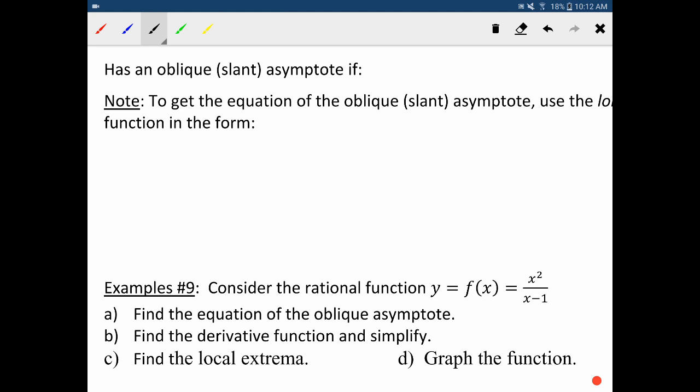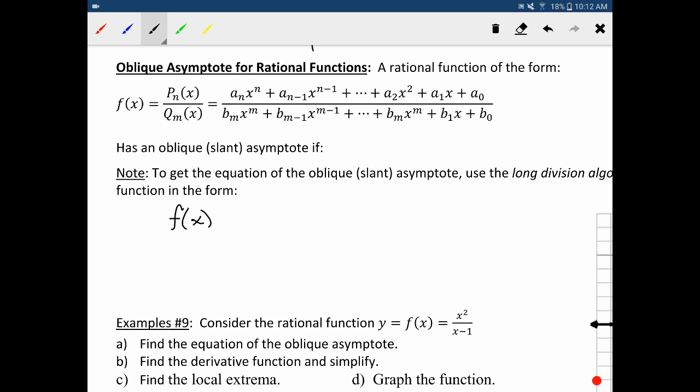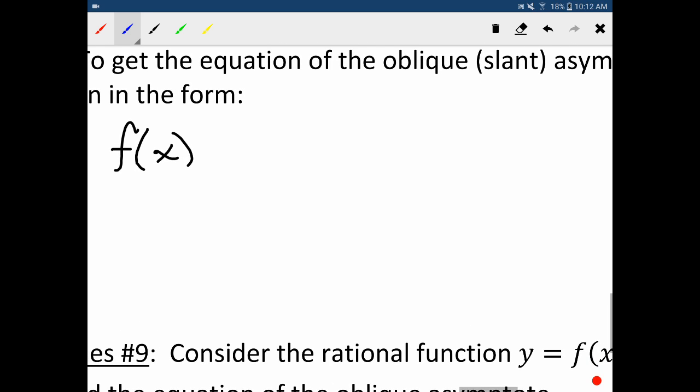So you're going to have to use your long division algorithm that you learned last semester in advanced functions. And so you're going to rewrite f of x. So you can see we've got f of x is equal to p of x over q of x. Okay, so it's just a polynomial over a polynomial. And what you're going to do is you're going to rewrite it once you divide it.